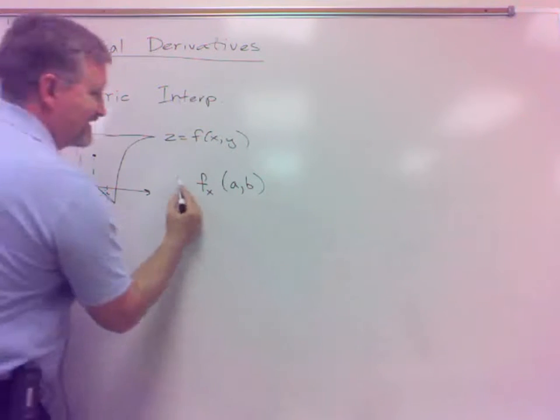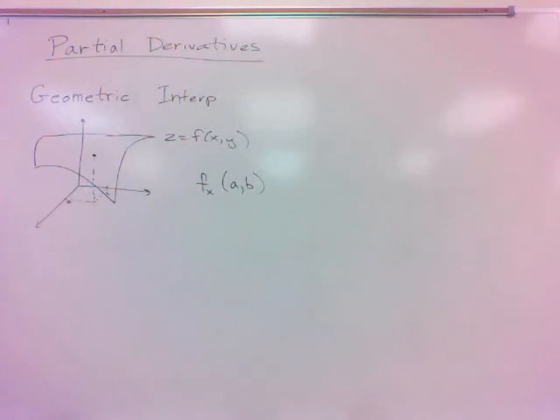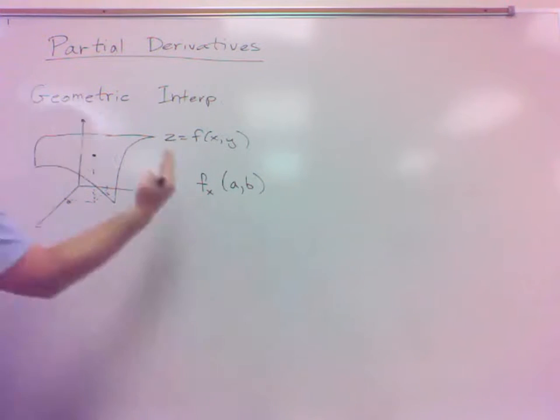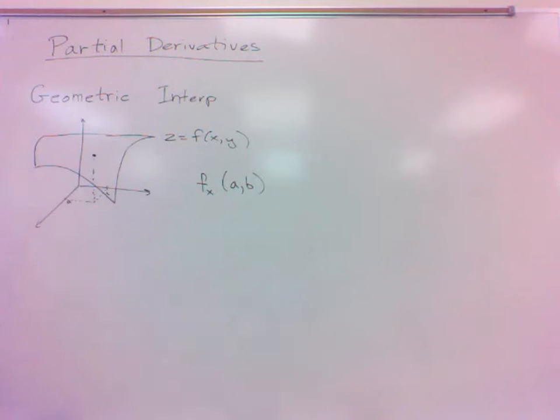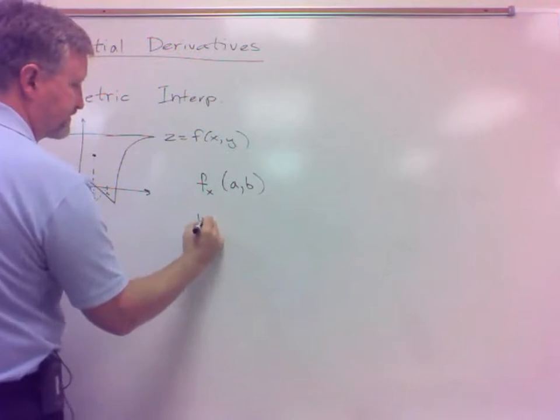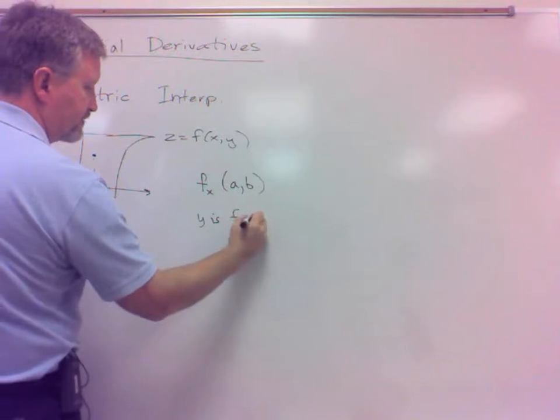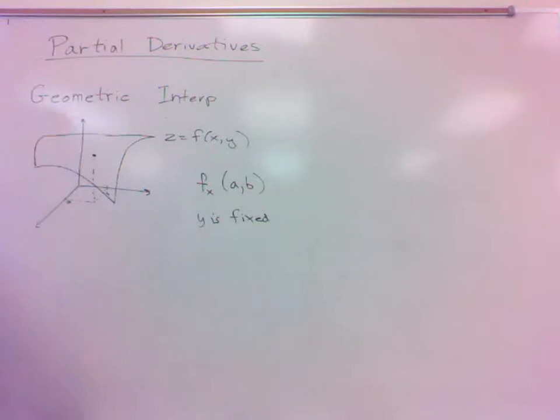What does this mean? Well, because of what we just talked about, we're doing the partial derivative of f with respect to x, and so y is fixed, right? Y is fixed. And so essentially, we're just dealing in the x and z plane.